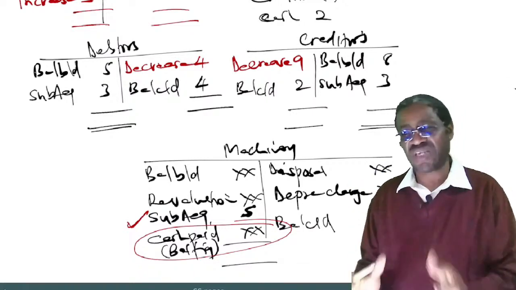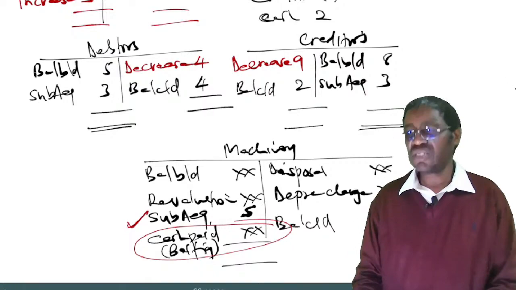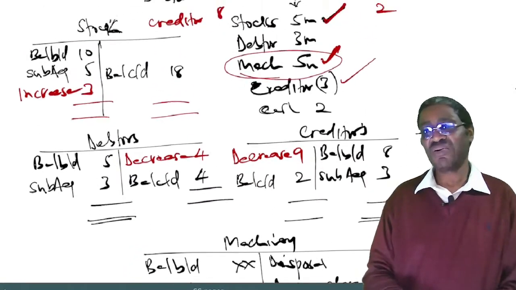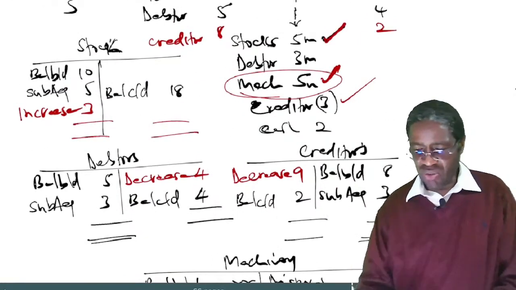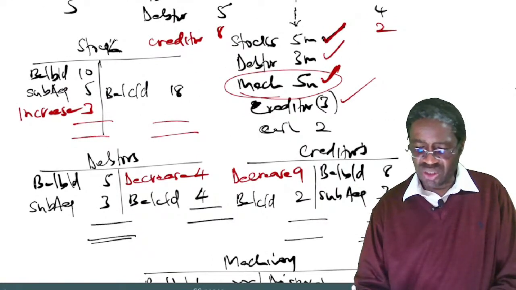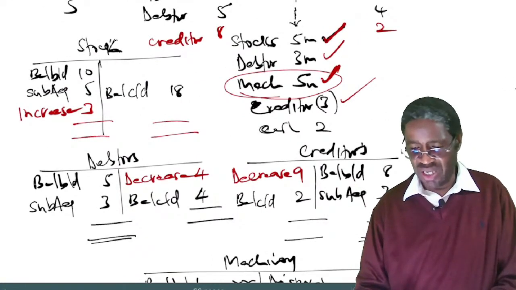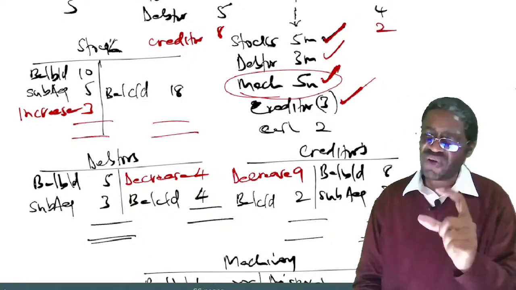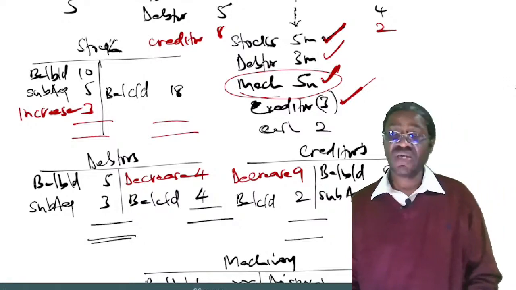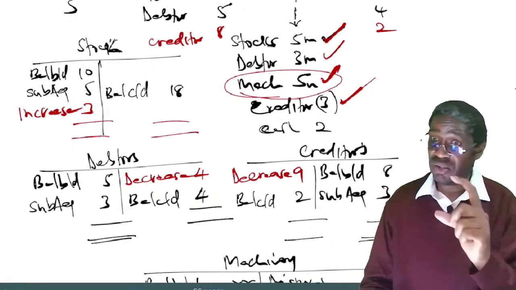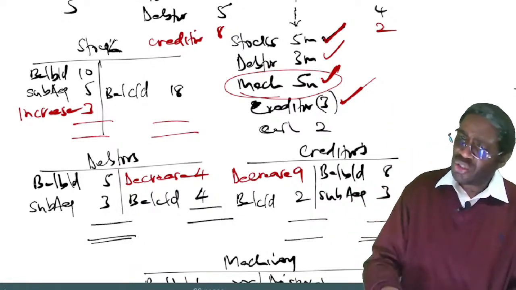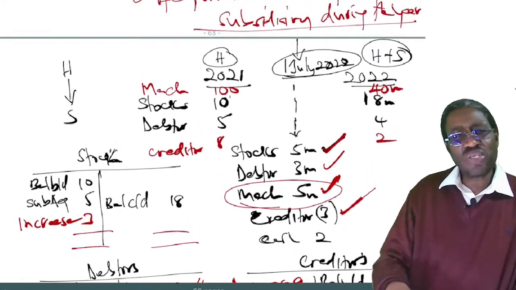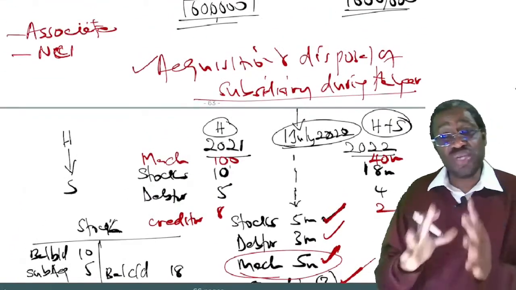What is the effect of acquiring a subsidiary during the year? Good. Now, I've talked about how to deal with stocks, debtors, cash, machinery, and creditors. Listen, I want to leave cash for now. Listen carefully. I want to leave the cash for now, but also now assume that we are not acquiring a subsidiary during the year.